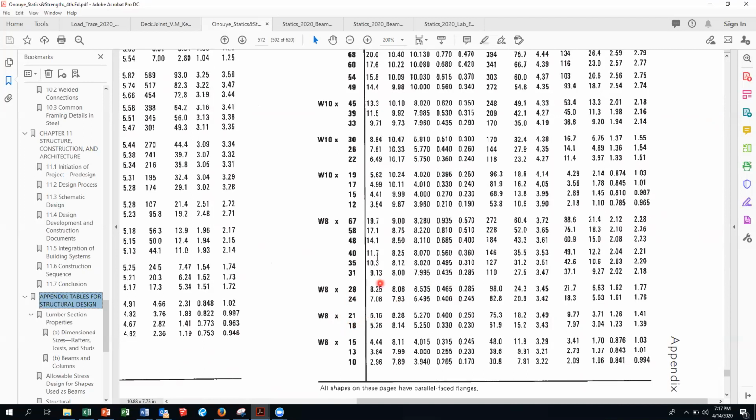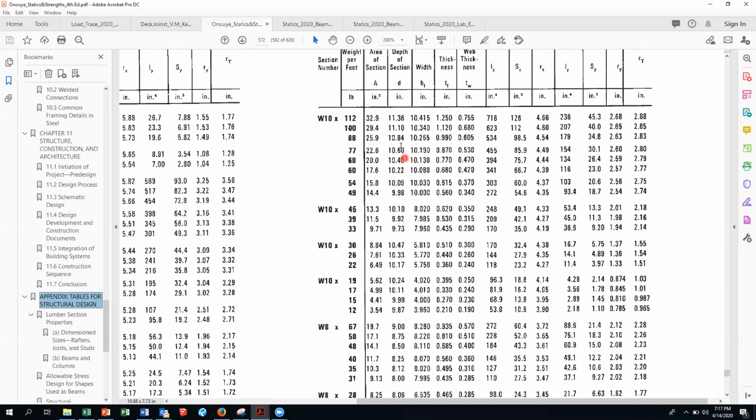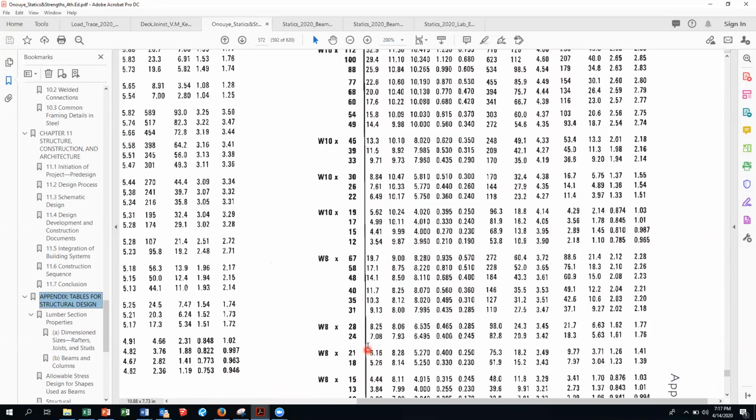Okay. Now, where is area here? Area of section. And it's S, it's the higher, see SX and SY. It depends on how you orient it. In other words, is it a 2x4 or a 4x2? Okay. You take the bigger of the two.